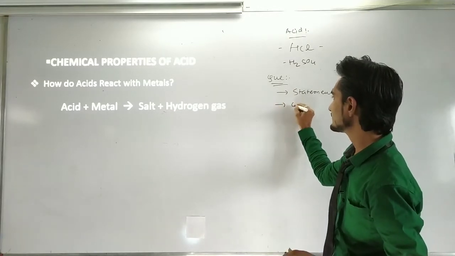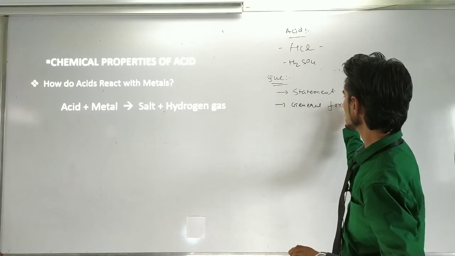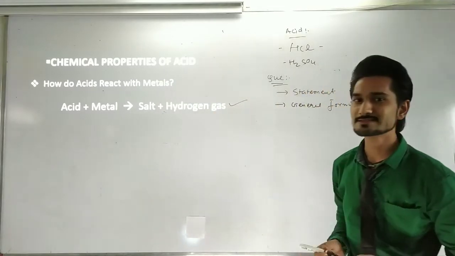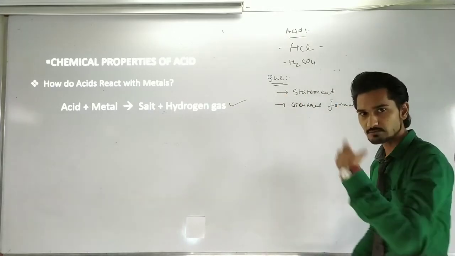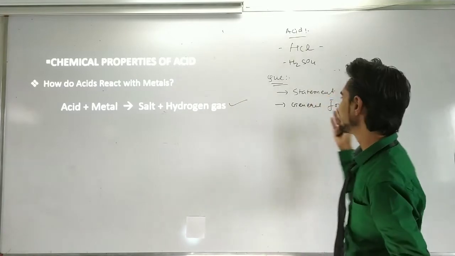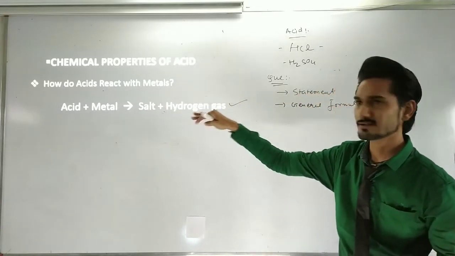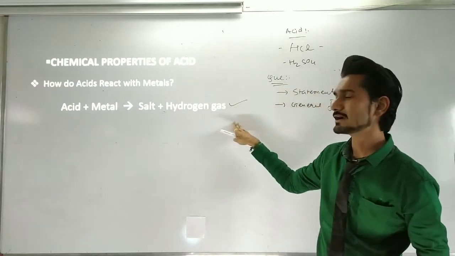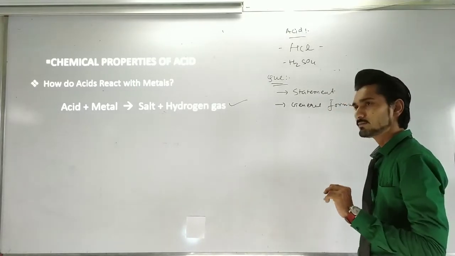The second part is the general formula, written regarding whatever property is asked. So the general formula is: acid plus metal gives salt and hydrogen gas. This will be the general formula regarding the reaction of acid and metals.